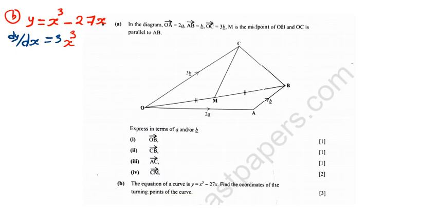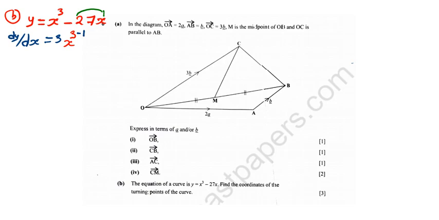So for this x here, this x has a power of 1. So when you drop that 1, it is still a 1. And 1 times 27, it is just 27.